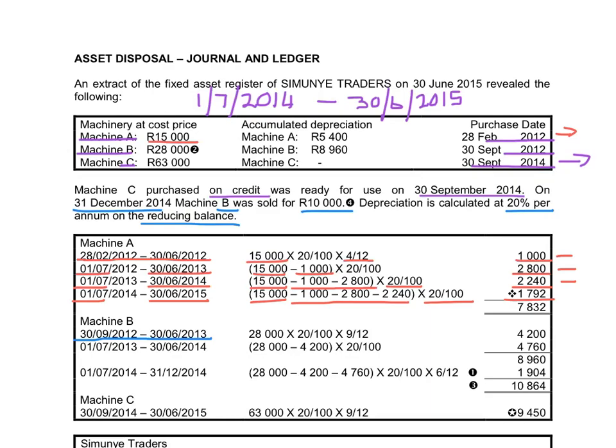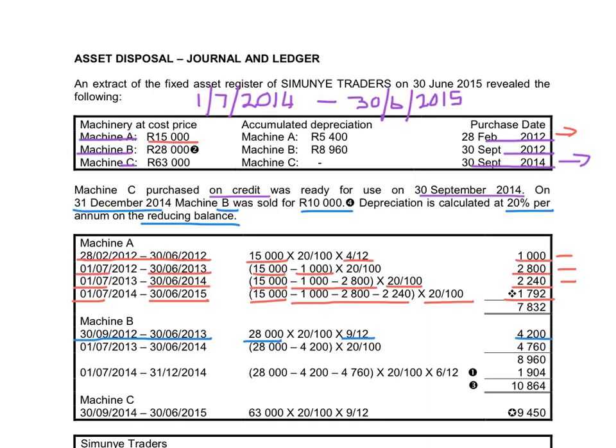On the cost price of 28,000, we will not write off depreciation for September because we bought it on the last day. So it's October, November, December, and 6 months in 2013. And we will calculate depreciation for 9 months. And that will give me 4,200.